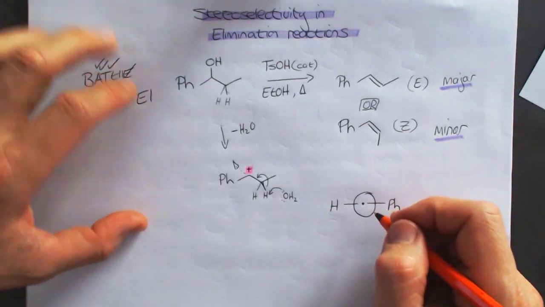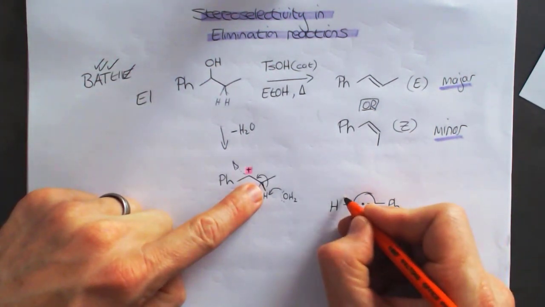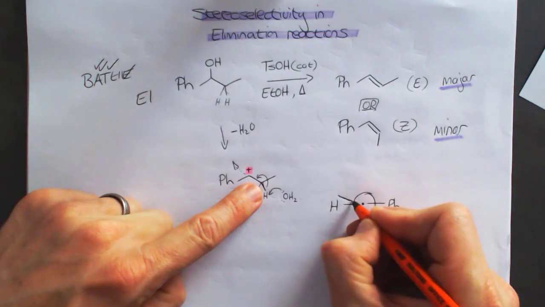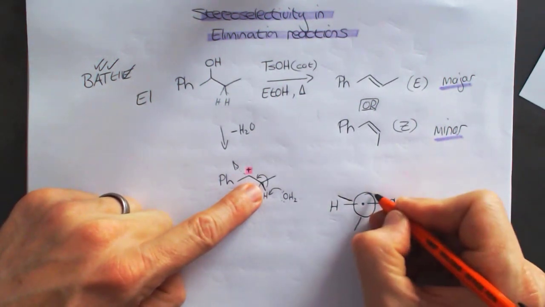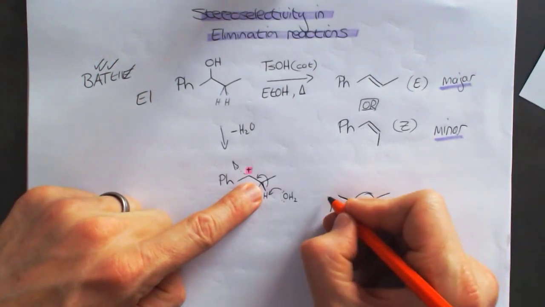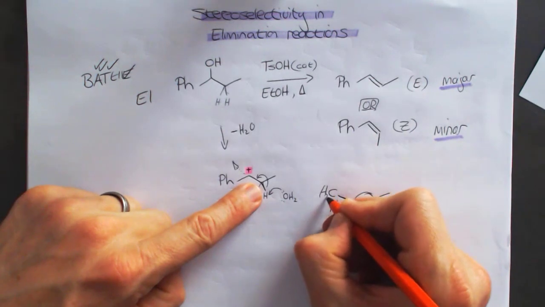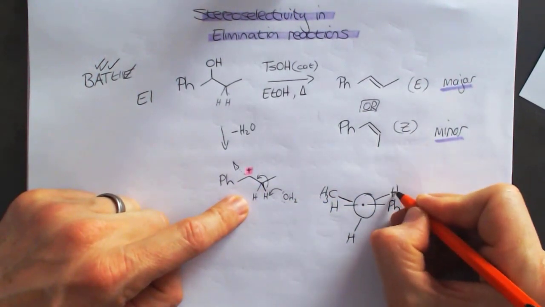The methyl group is sitting somewhere over here in the same plane, and the other bits are here. So this is our CH3, and the two hydrogens are in this position over here.